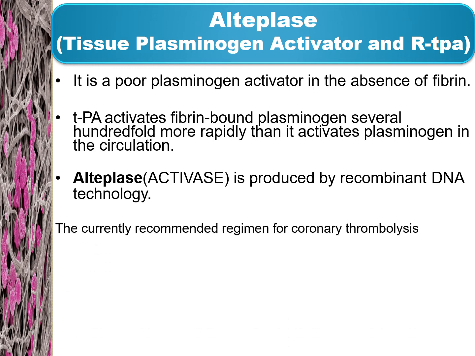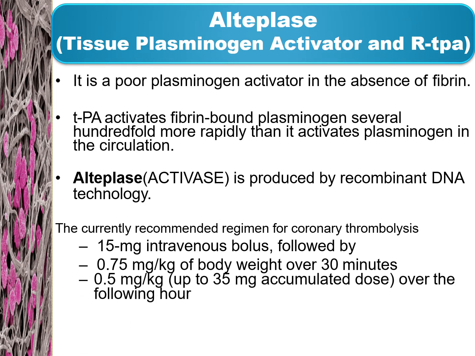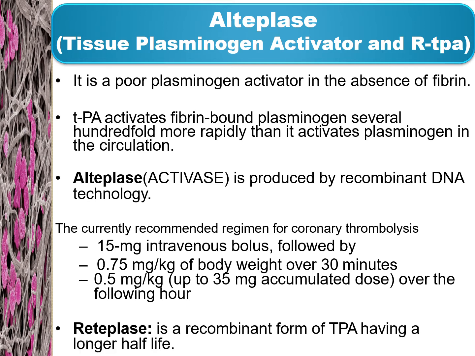The currently recommended regimen for coronary thrombolysis with Alteplase is a 15 mg intravenous bolus, followed by 0.75 mg per kg of body weight over 30 minutes, then 0.5 mg per kg up to 35 mg accumulated dose over the following hour.